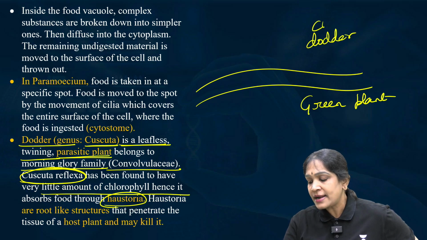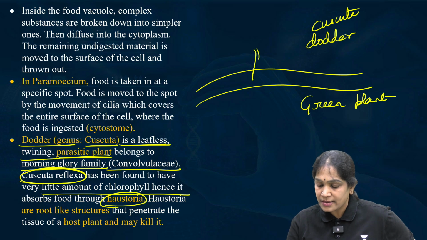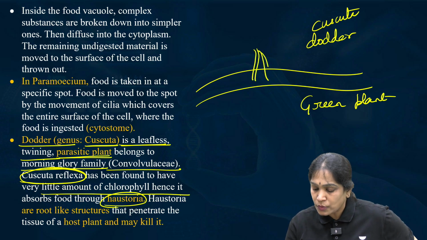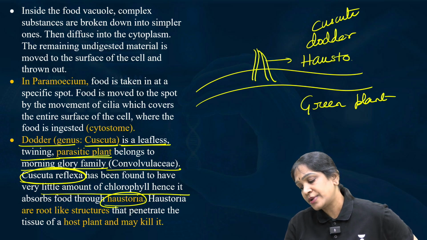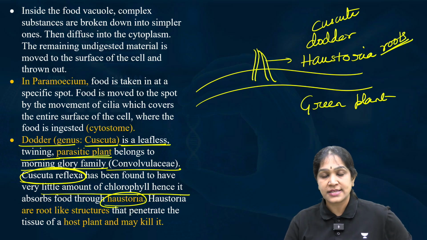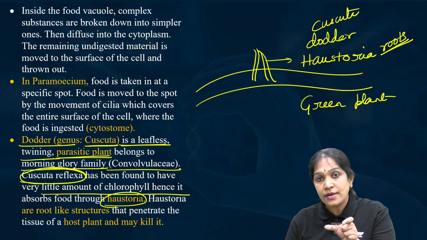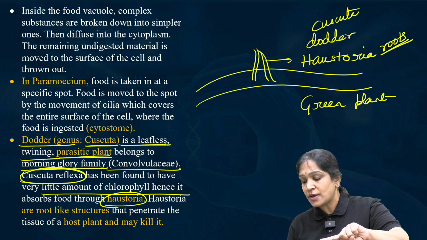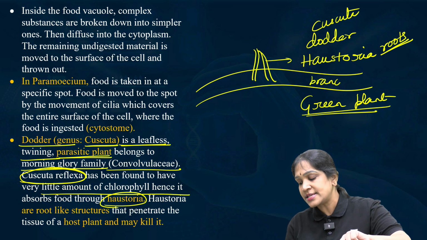The dodder plant, or Cuscuta, sends out roots called haustoria. What are the haustoria? They are like roots, but these roots do not go into the soil. They go into the branches of the green plant.